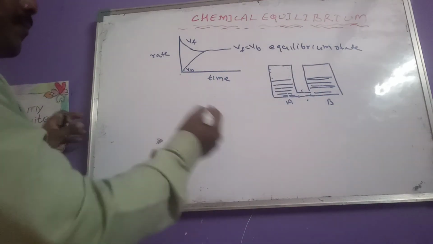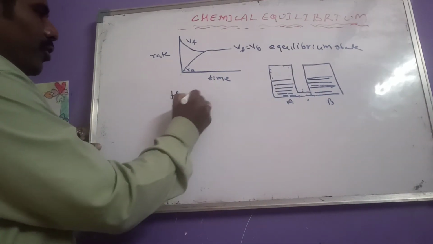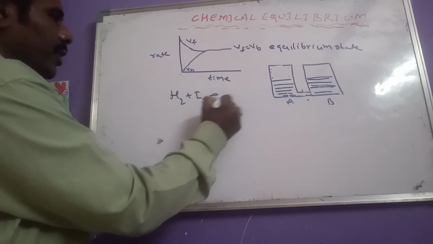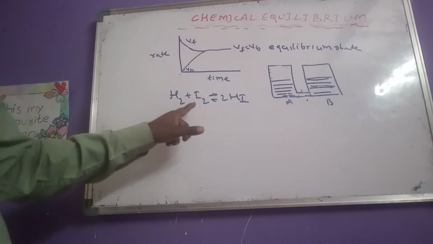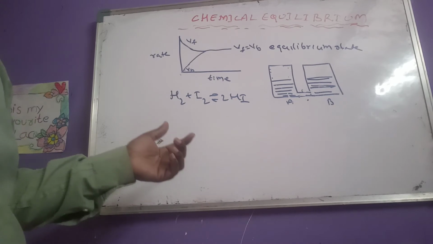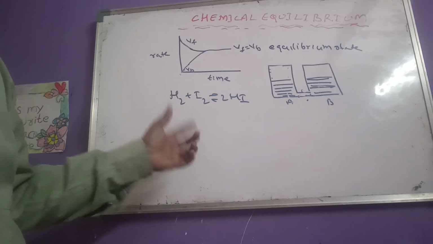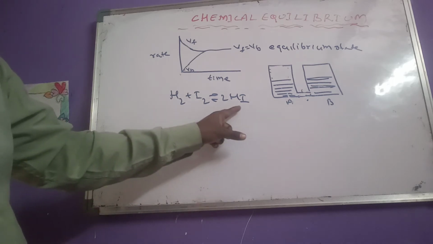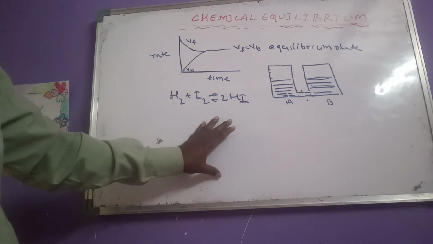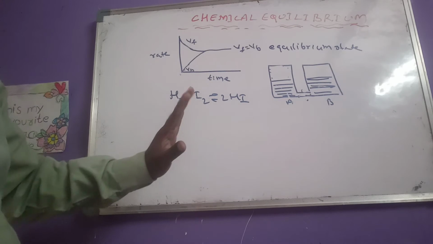And similarly, consider the example H2 plus I2 gives 2HI. Initially, iodine has a thick blue color that we can see. But after some time, due to the formation of HI, an equilibrium is established.